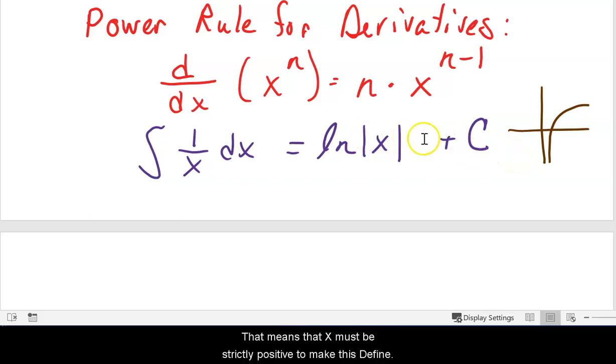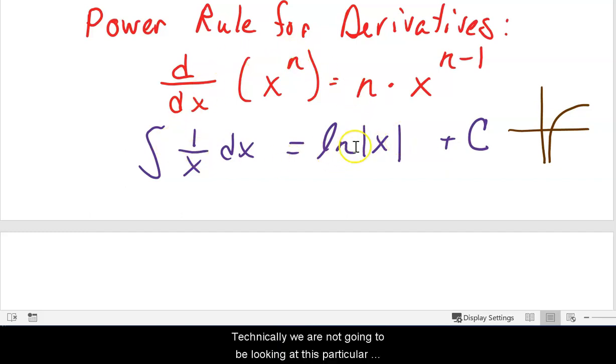That means that x must be strictly positive to make this defined. Note that x equal to 0 is already eliminated from the domain because the integrand would not be defined there. The absolute values then only eliminate the part that's still possibly in the running, and that's the negatives.